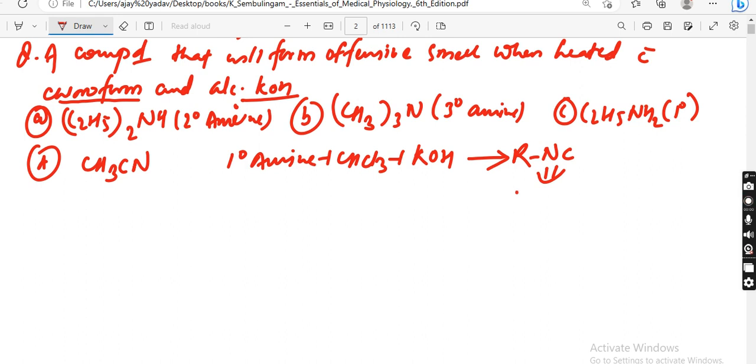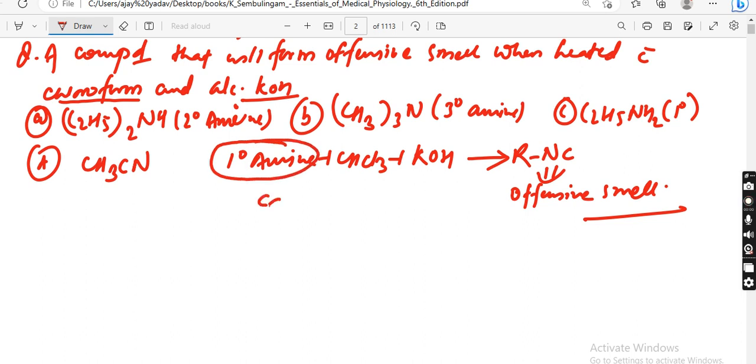It has an offensive smell or bad smell, you can say. So with a primary amine, the carbylamine reaction is possible, right? This is called the carbylamine reaction. So this is a primary amine.